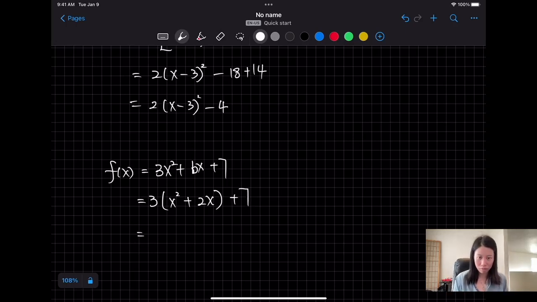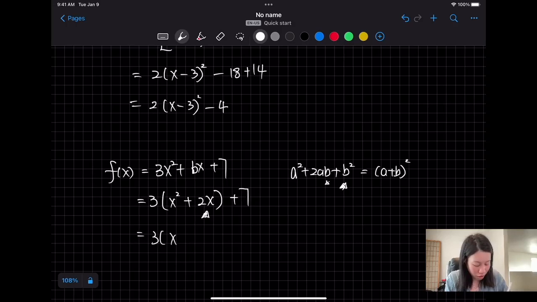Again, in order to construct the perfect square, which is a squared plus 2ab plus b squared equals a plus b squared, what do I need? I already have 2ab in here. I still need b squared, which means half of 2 and then square, because half of 2 is going to give you the b, but I need a square.